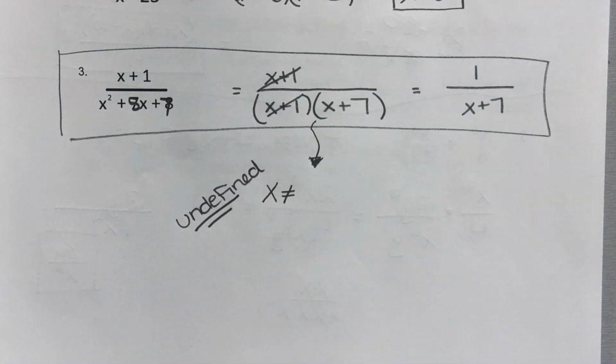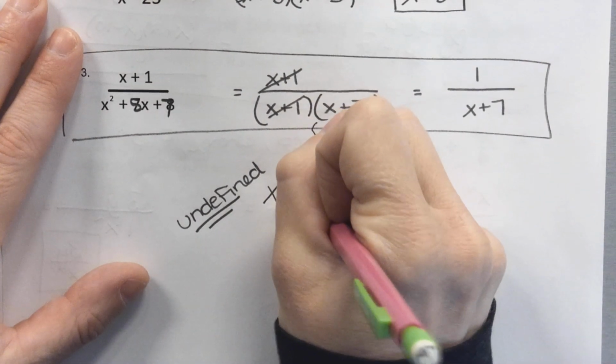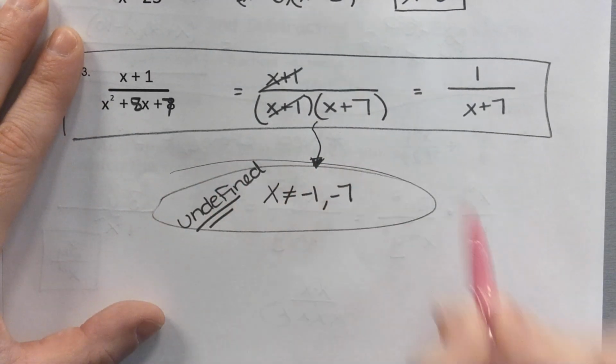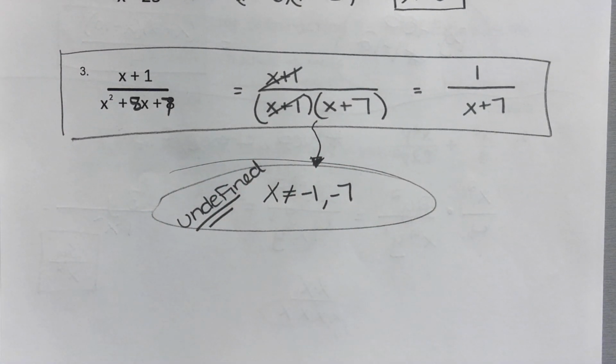If I look at, first of all, what can't our denominator be? 0. What would make this denominator 0? How about this one? -7. So x cannot be -1 or -7. So when they ask me where it's undefined, it's at -1 and -7.